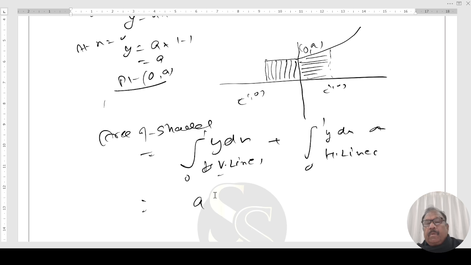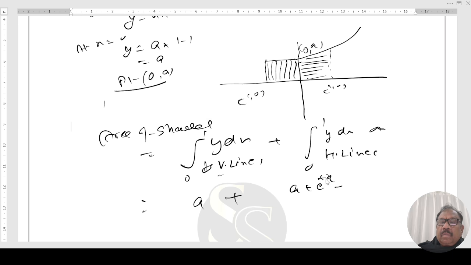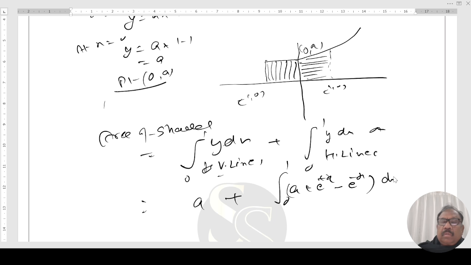Its area will be the integral of a from -1 to 0 plus the integral of a plus e to the power x minus e to the power minus x from 0 to 1, dx.